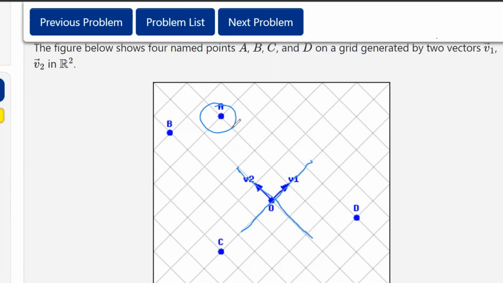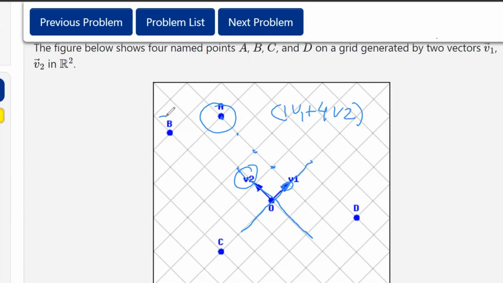To go to point A, it is 1 on the x-axis, so 1 V1, and on the y-axis it is going 1, 2, 3, 4. V2 is my y-axis, so it's 4 V2. So 1 is going on V1 and 4 is going to V2.